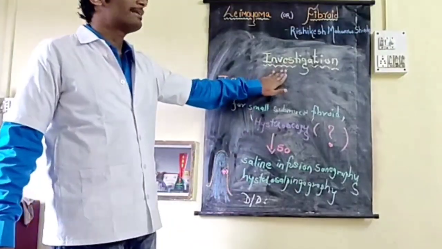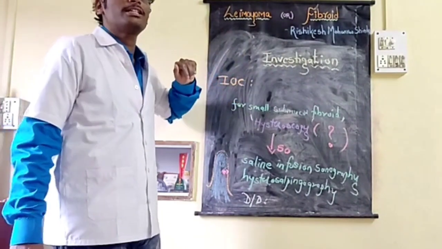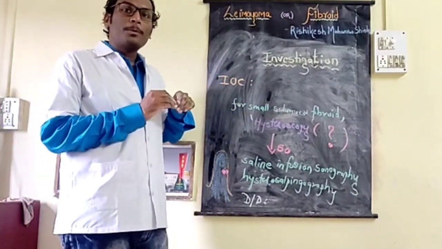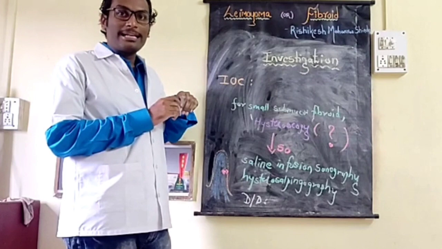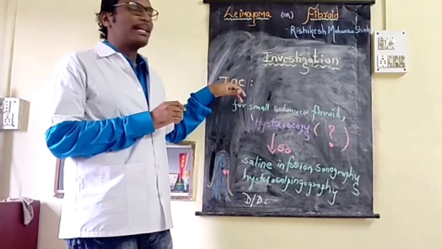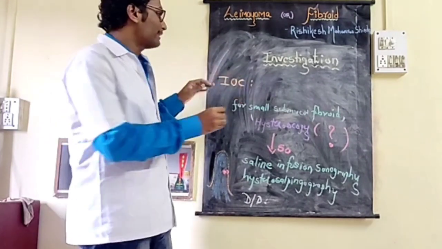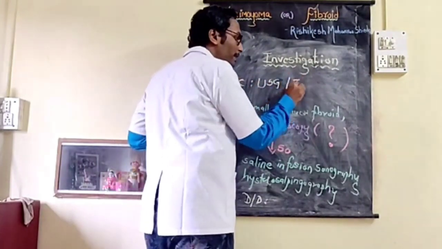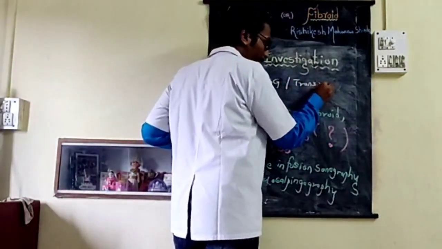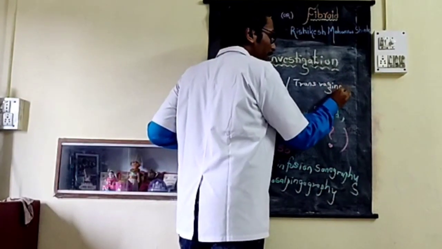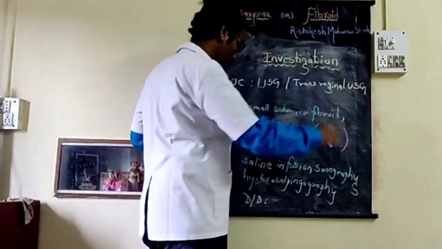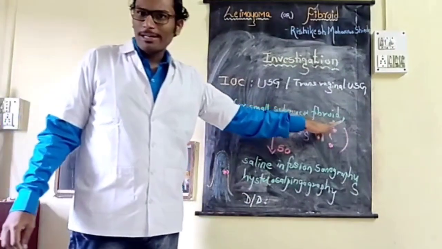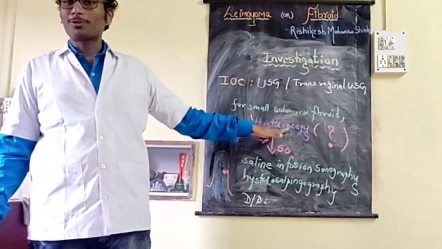Now our next topic, the investigations in fibroid. Which investigations will we do to reach the correct diagnosis regarding fibroid? The investigation of choice is ultrasound, specifically transvaginal ultrasound. For a small submucous fibroid, can we do hysteroscopy?